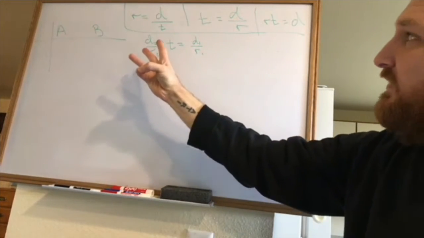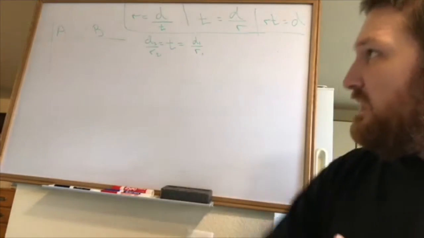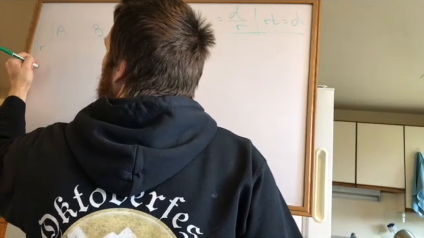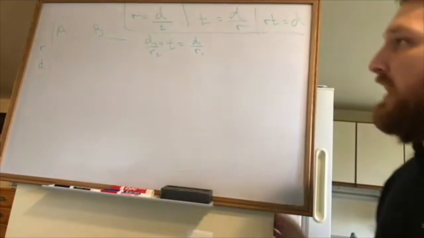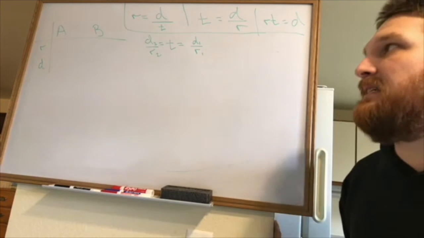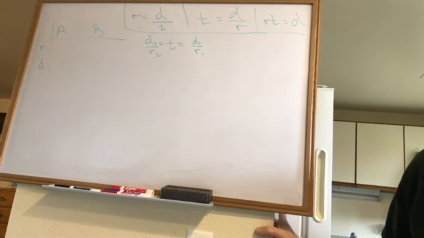In this case, they're giving us a distance and a rate for each one of these. So the rate and the distance is like that. The distance is the easy one to get. How far does train A travel?